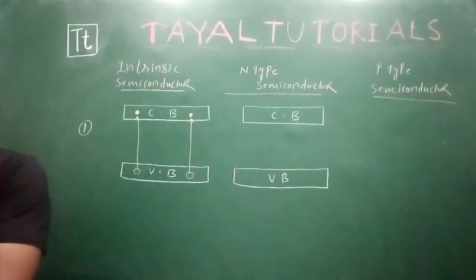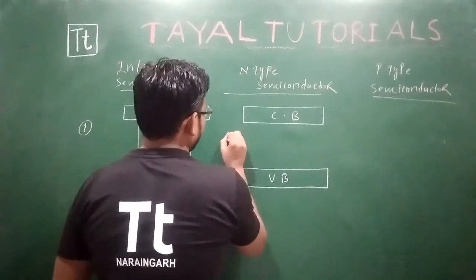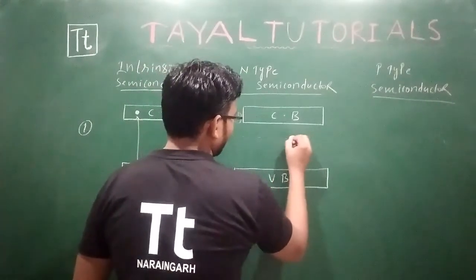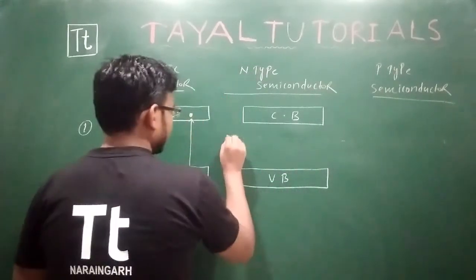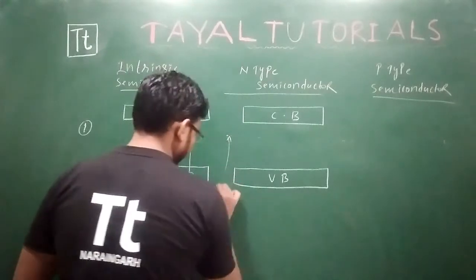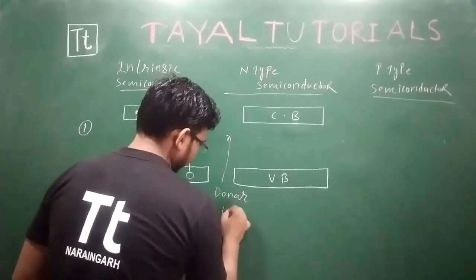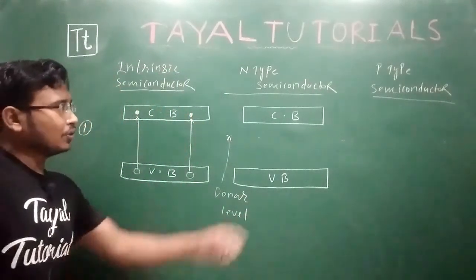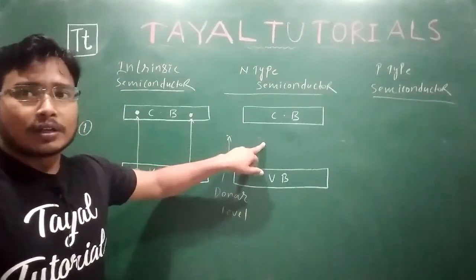The donor level will be closer to the conduction band. This statement they directly ask: the donor level will be near to conduction band or valence band. I am writing this as a donor level.